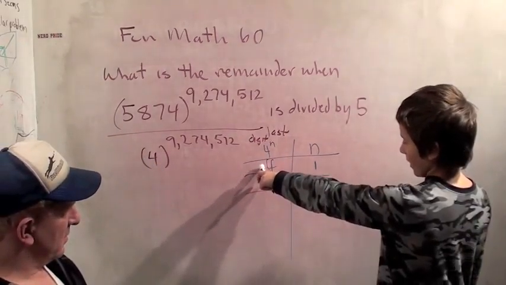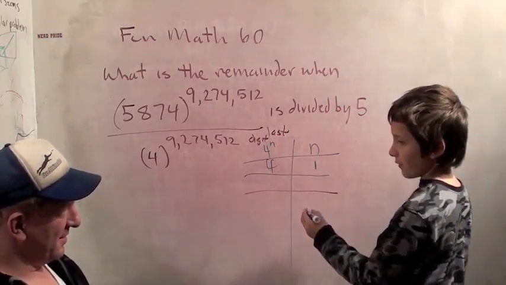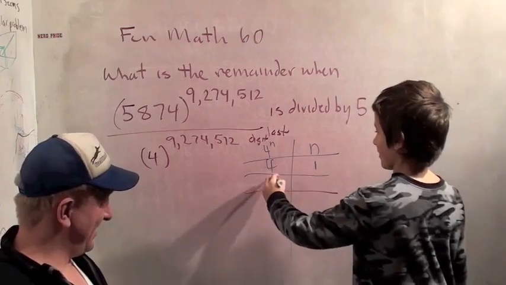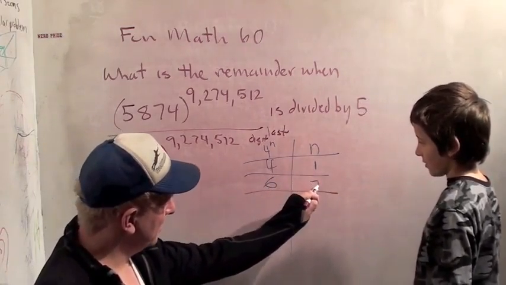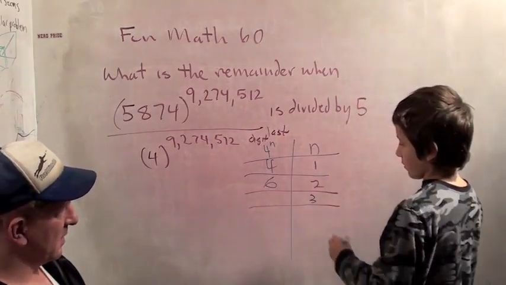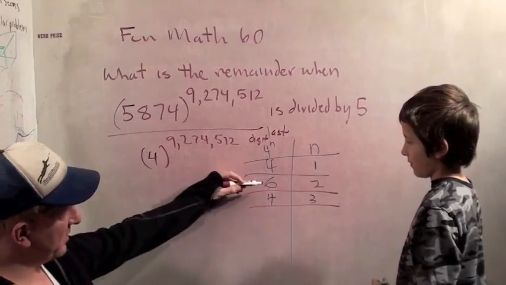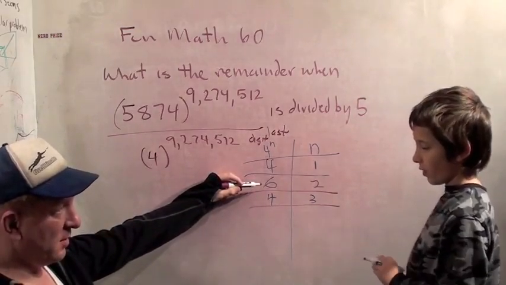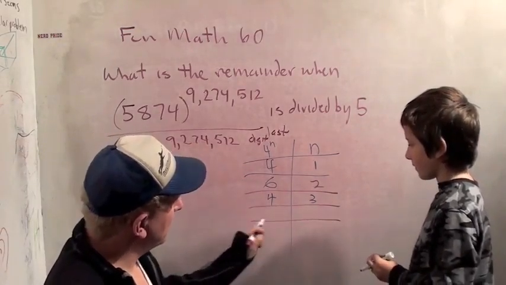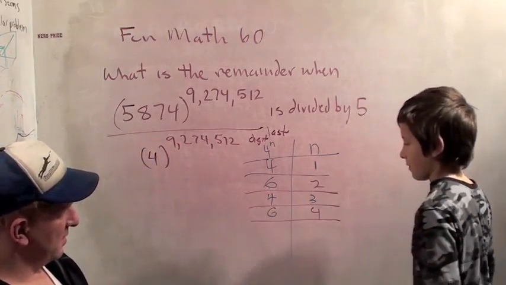We just multiply the last digit by 4, so it's 6. What's the last digit of 4 cubed? Multiply 6 by 4 and you get 24, so the last digit is 4. What's the last digit of 4 to the 4th? 6. Do you see any patterns yet?